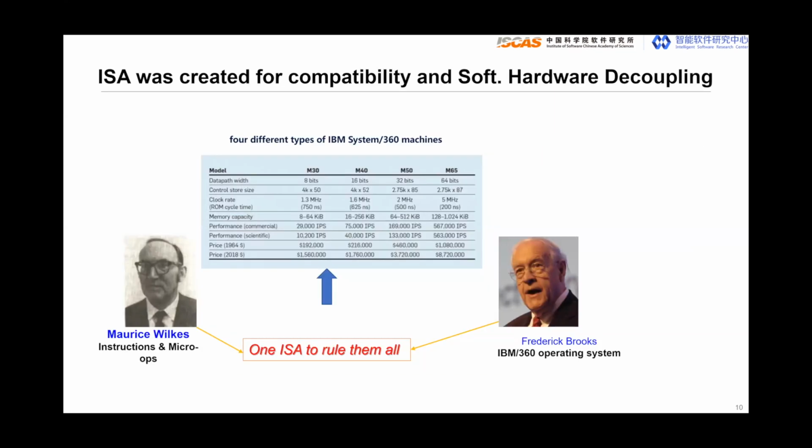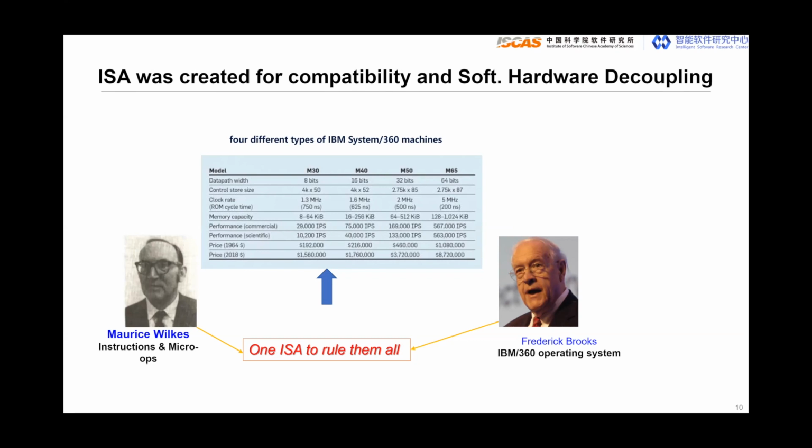So let's go back to history. The history of ISA actually starts from 1964. ISA was created for software compatibility and software-hardware decoupling. About the 1960s, IBM had four different machines, and they wanted the same software to run on the different machines.